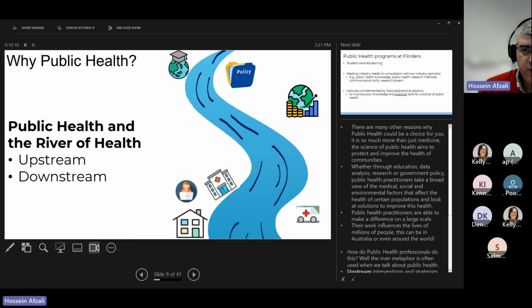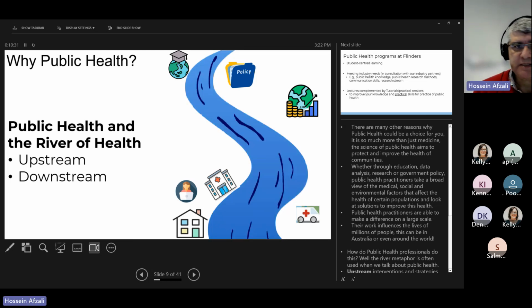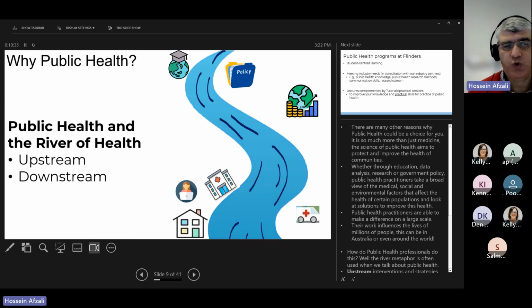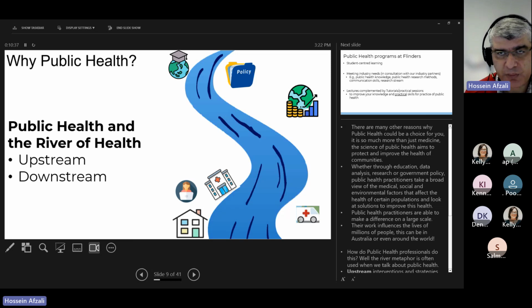And I think it's a really good slide to clarify a few issues, especially the difference between public health and medicine, as I mentioned before. We call it the river of health.